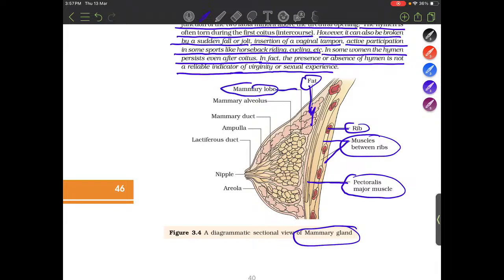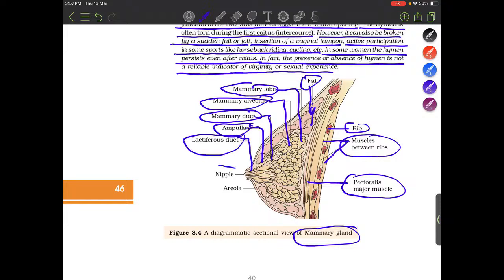These are the mammary lobes, and this is the mammary alveolus, and these are the mammary ducts, and these are the mammary ampulla, and these are the lactiferous ducts, and this is the nipple, and this is the areola. So the flow of milk is from fat to mammary lobe, mammary lobe to mammary alveolus, mammary alveolus to mammary duct, mammary duct to ampulla, ampulla to lactiferous duct, and lactiferous duct to nipple.